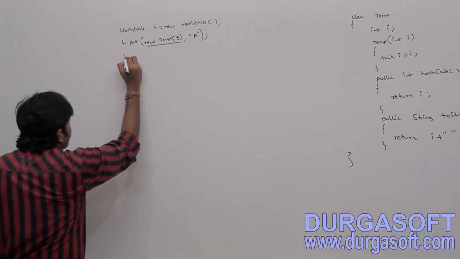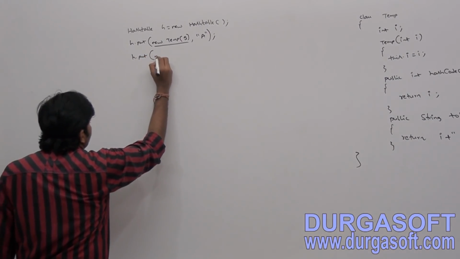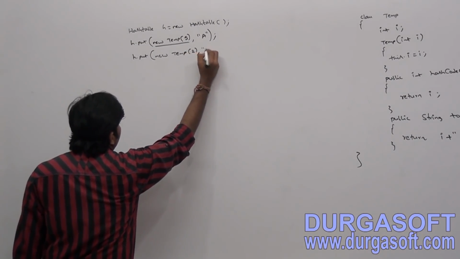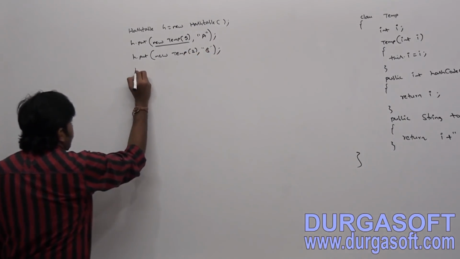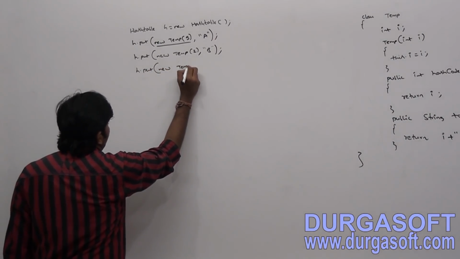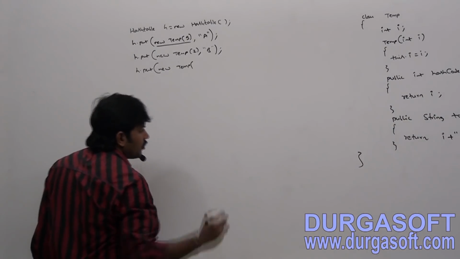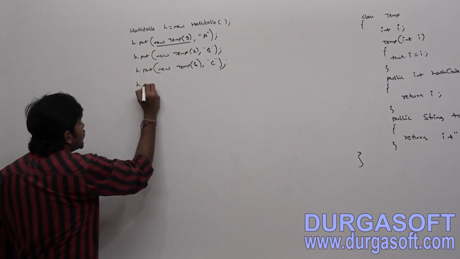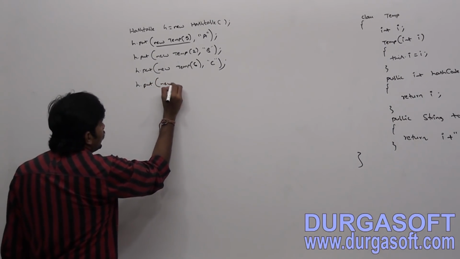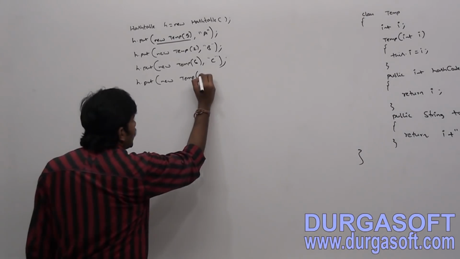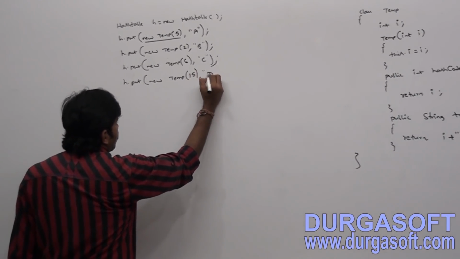Can you tell what the second entry is? New Temp(2), B is the answer. Next, h.put(new Temp(6), C). Then h.put(new Temp(15), D).